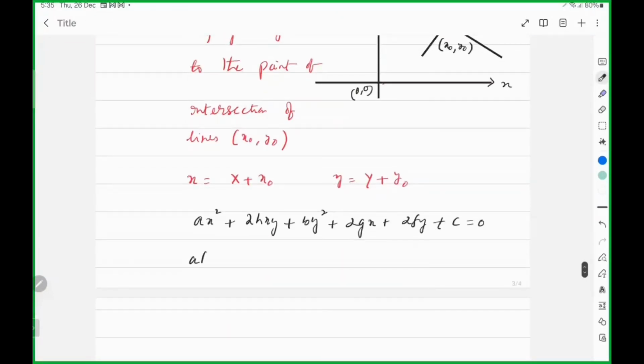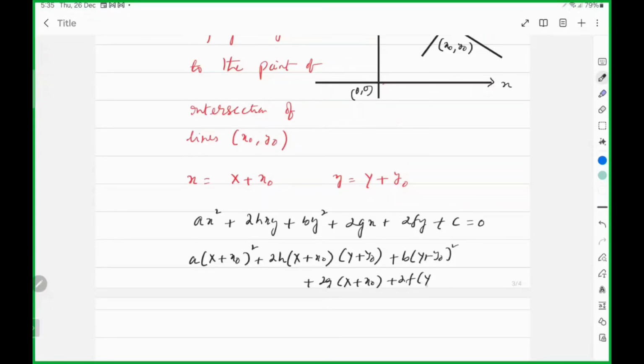Here you have a pair of lines, so the equation with respect to the new axis, just replace small x, small y: 2g into X plus x naught, 2f into Y plus y naught, plus c is equal to 0.